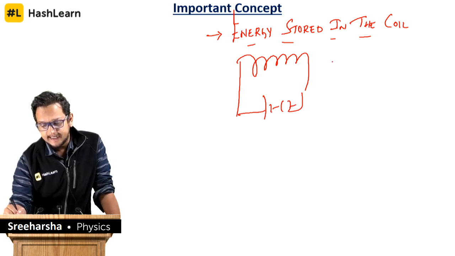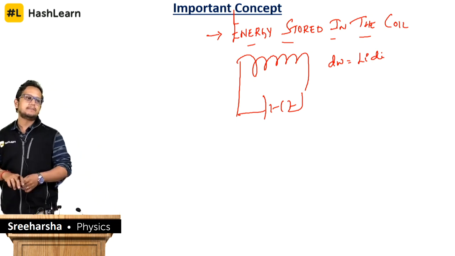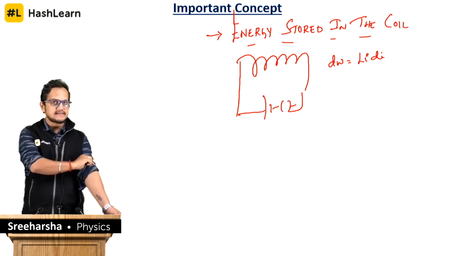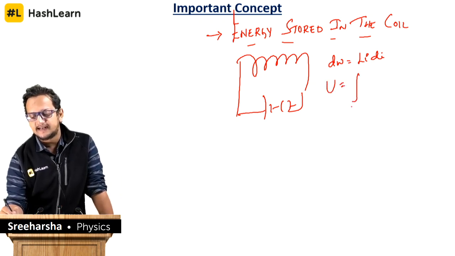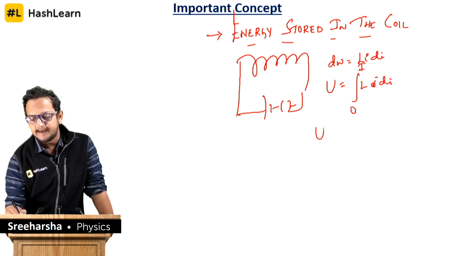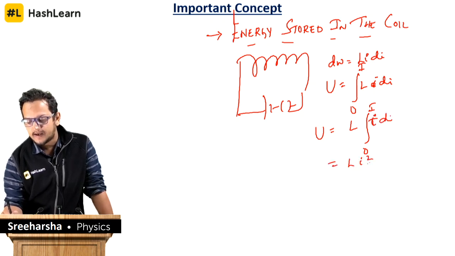The work done is given by dW equals L I dI, where L is the self-inductance and I is the current. To find the total energy, you integrate it from 0 to I. L is constant, so you integrate I dI and you get I square by 2.